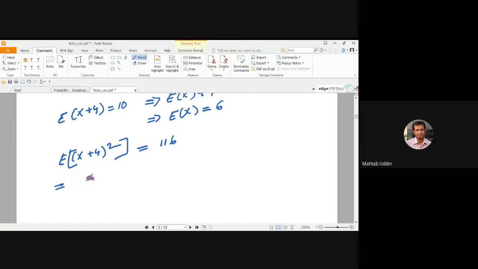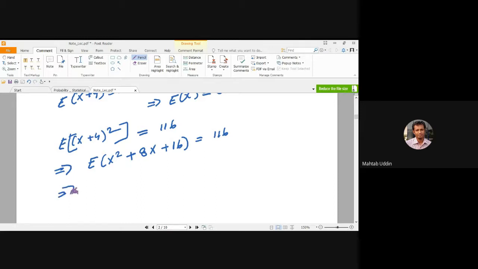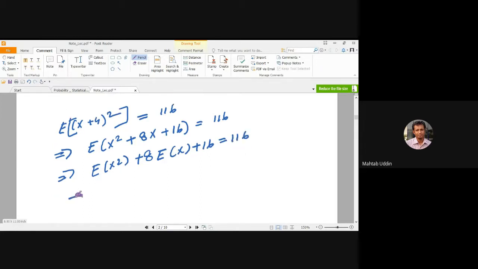I can write here expectation of x square plus 8 expectation of x plus 16 is equal to 116. Now put the values. We don't know the value of this.